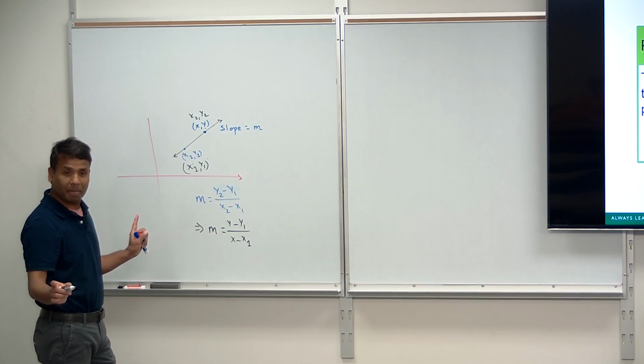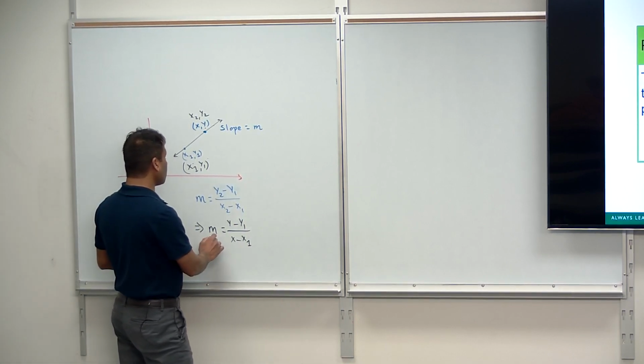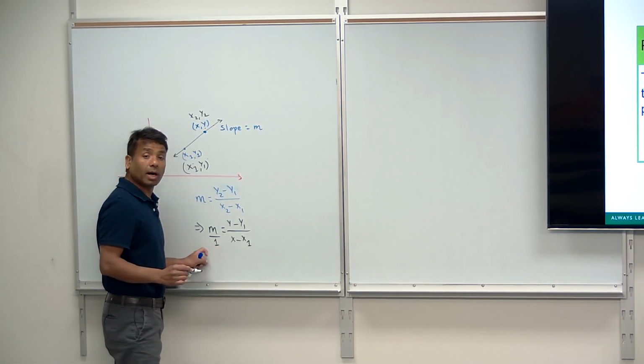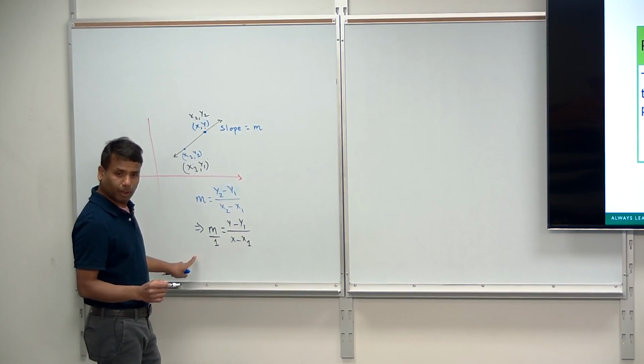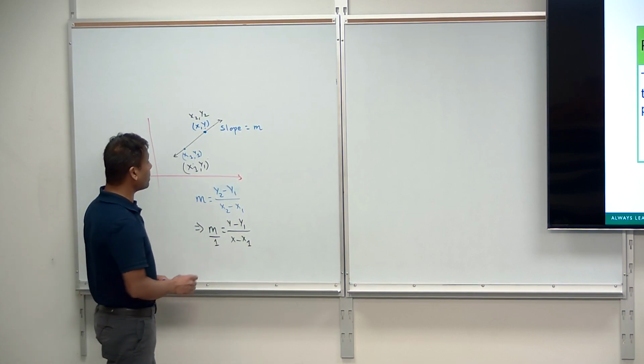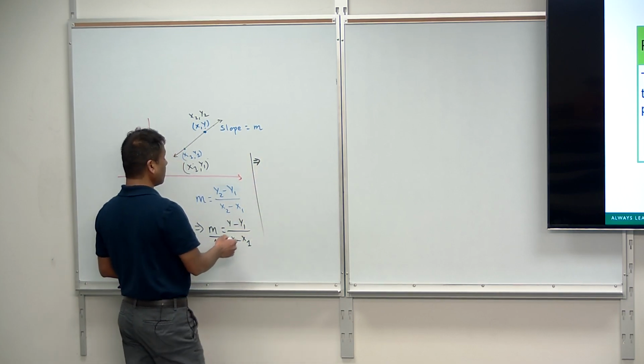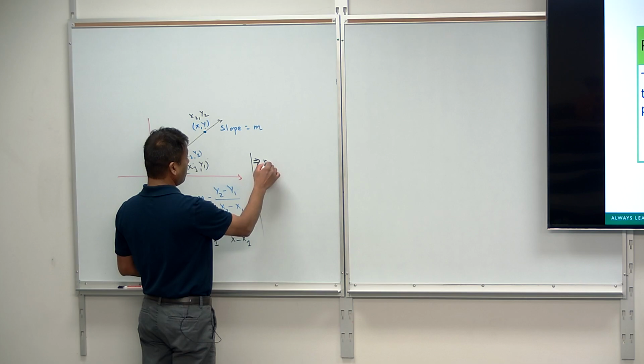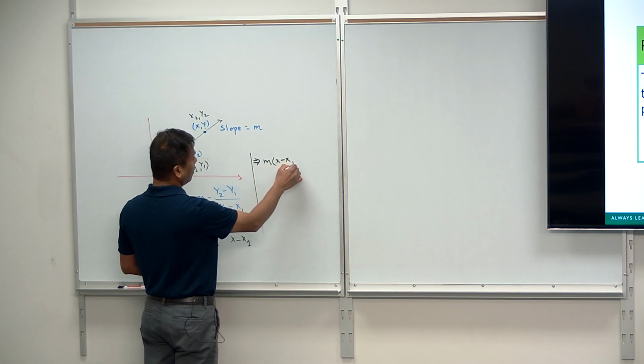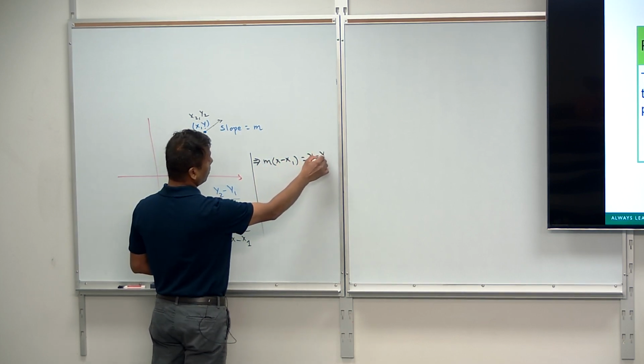Then if you cross multiply, this m is m over 1, with 1 in the denominator. Then you'll have m times x minus x1 equal to y minus y1.